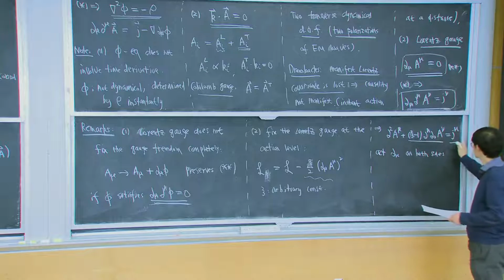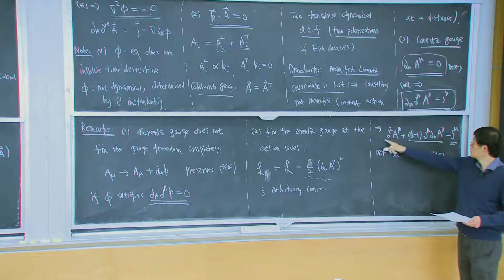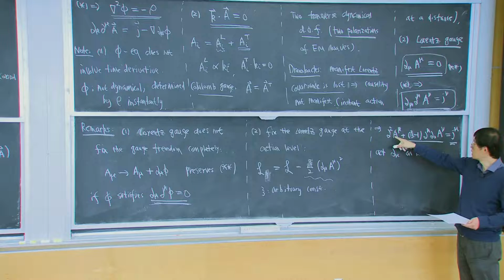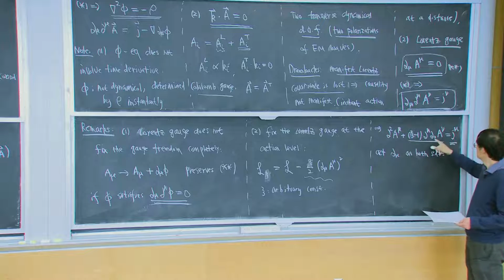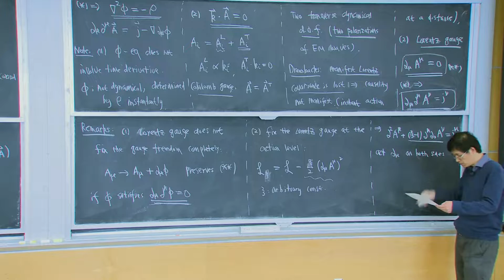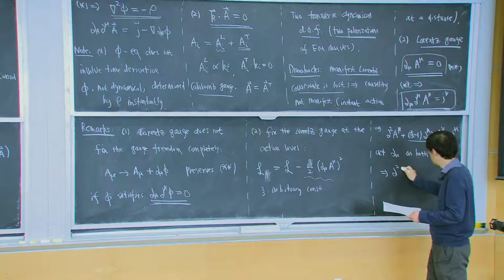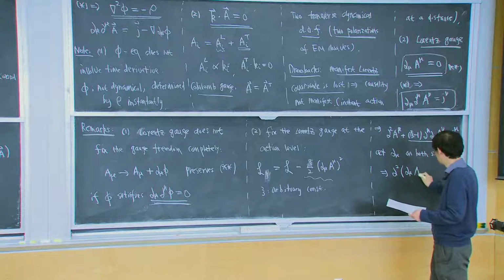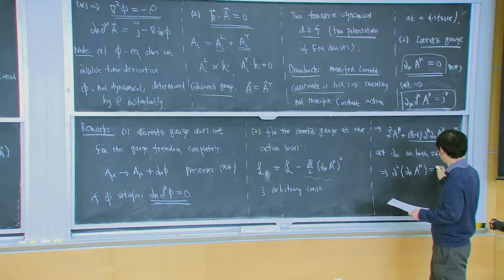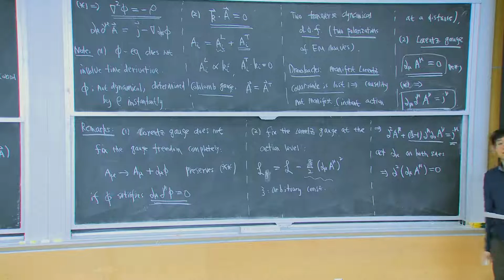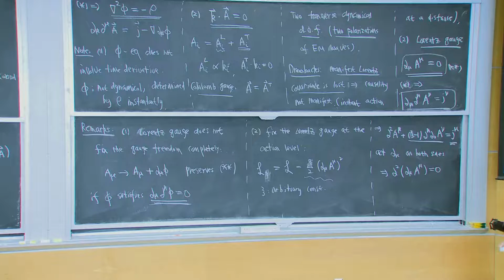Since the current is conserved, and when you act partial mu here you get partial mu A mu, combining together you find partial square partial mu A mu equal to 0.